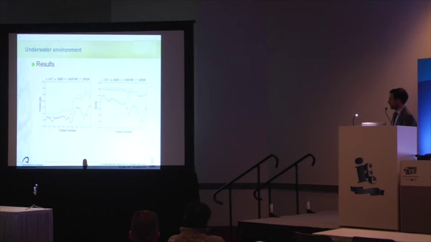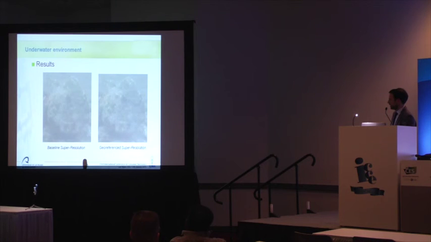This is the georeferenced super resolution, which improves on the interpolation and the baseline super resolution that we had before. The improvements are mainly based on the reduction of artifacts in the super resolution process. This is a baseline case, and this is the georeferenced case.